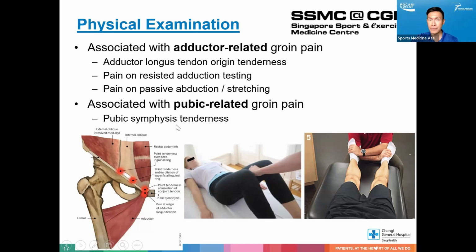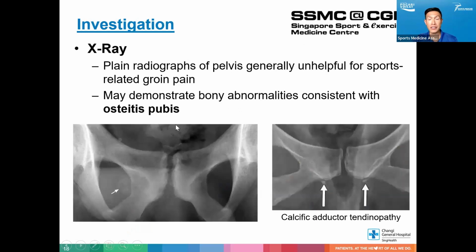Moving on to investigations, plain X-rays are generally unhelpful for groin pain, but they can give us a few clues to point us in the right direction. First of all, osteitis pubis, the stress injury of the pubic symphysis: commonly in more severe cases we see lysis or cortical irregularities of the pubic symphysis in this region.